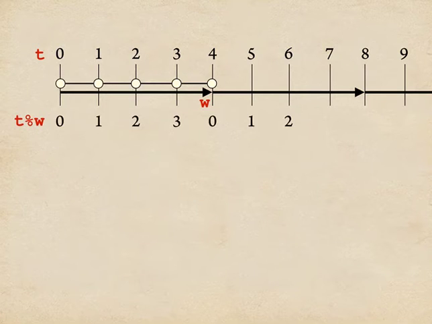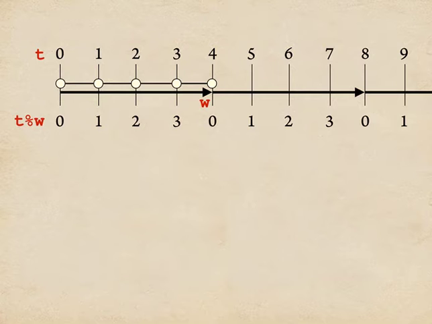So t mod 4 has this pattern: 0, 1, 2, 3, and now t hits the value 4, but t mod 4 is 0 because I can subtract 4 from 4 and I get a value that's 0 or greater. So now we get 0, 1, 2, 3. Now we hit 8. And 8 mod 4 is 0 because I can take 4 out of 8 two times and I'm left with 0.